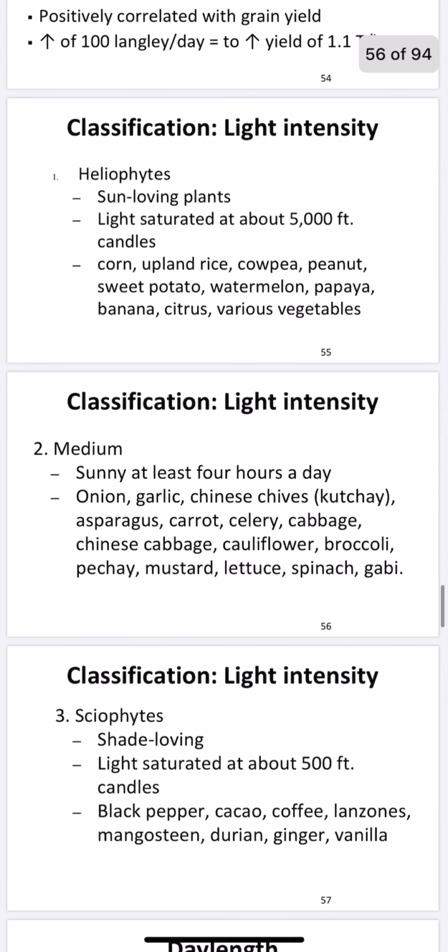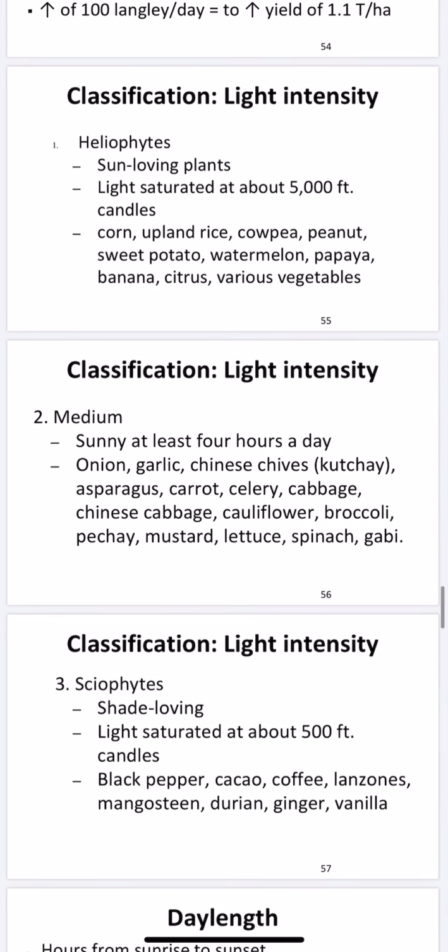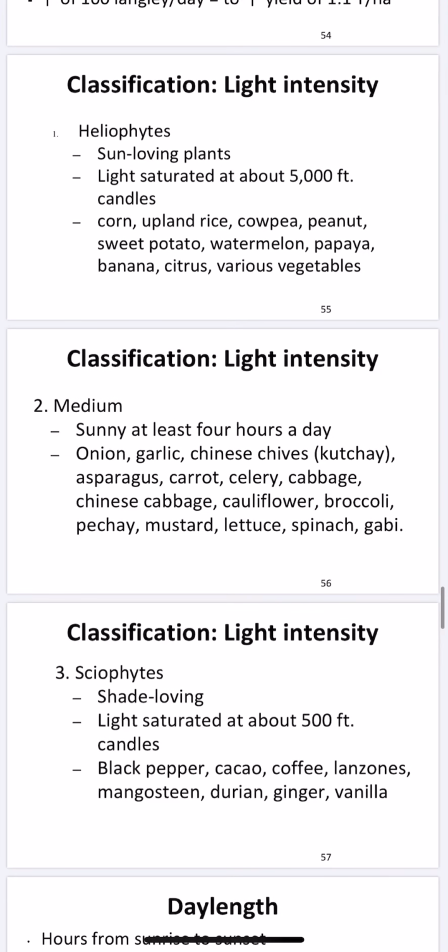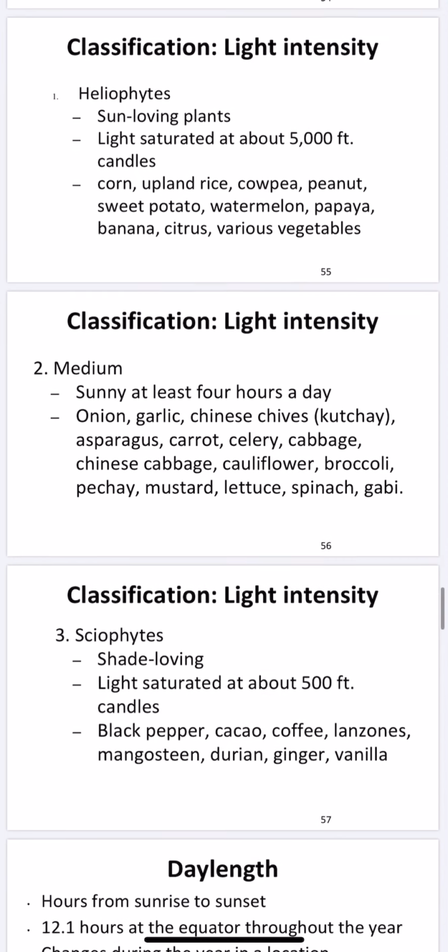So as I have said, in terms of light intensity, the plants are classified as heliophytes, or they are called sun-loving plants. They are light saturated at about 5,000 foot candles. This includes corn, upland rice, cowpea, peanuts, sweet potato, watermelon, papaya, banana, citrus, and various vegetables.